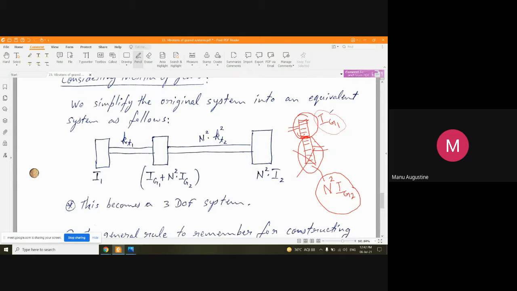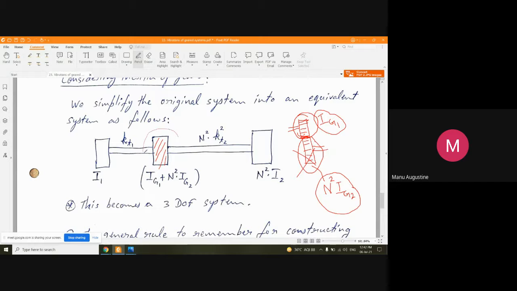So now the question is, I want to eliminate both the gears from the picture, but I want to retain their inertia values. Now, when you say that you are retaining inertia values, that means some rotor shaped thing has to be placed where the combination of gears was placed.